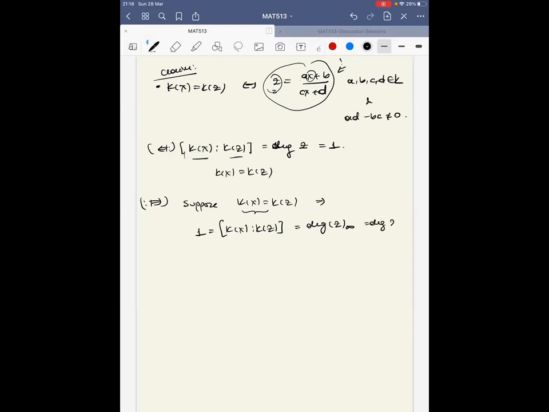Or the degree of z, so that means if we write z as f over g, the maximum of the degrees of f and g will be 1. So this is only possible when f and g are linear factors.